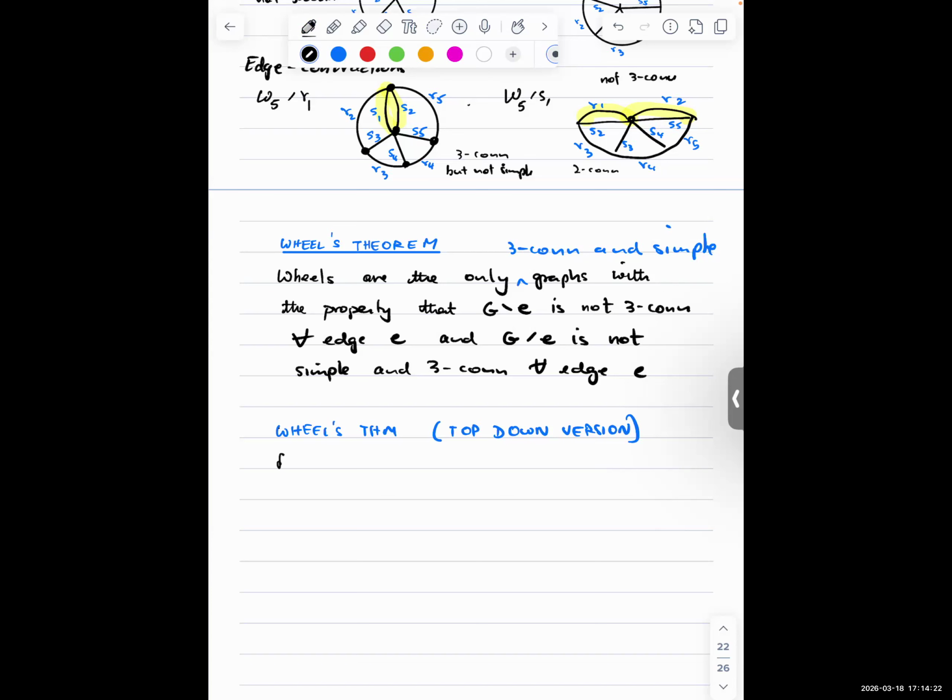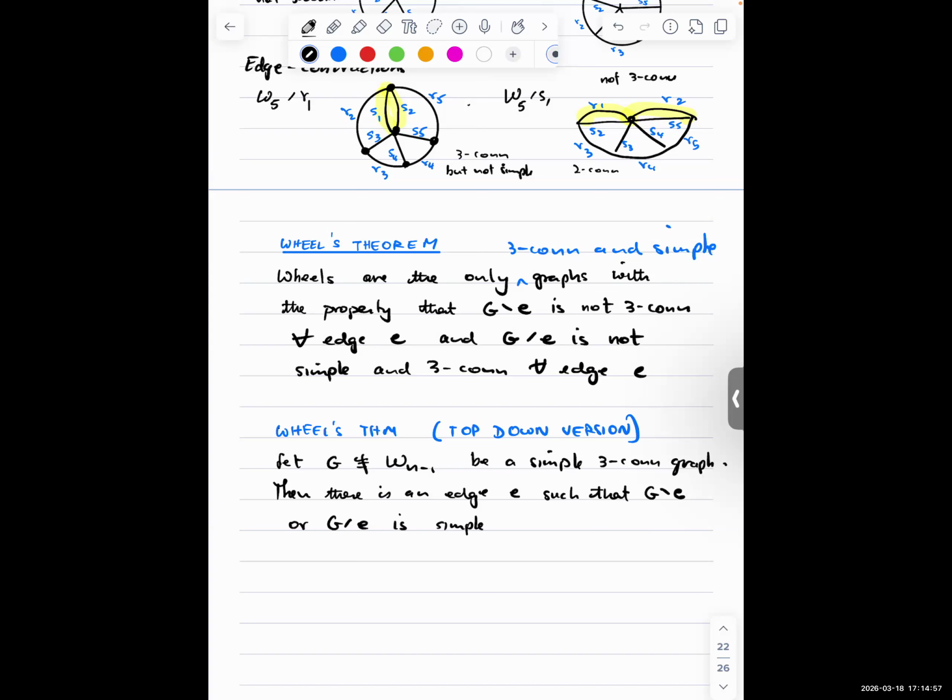So let G, not isomorphic to a wheel, be a simple 3-connected graph. Then there is an edge E such that G delete E or G contract E is simple and 3-connected.